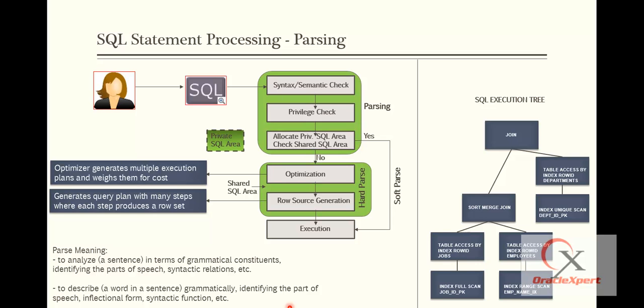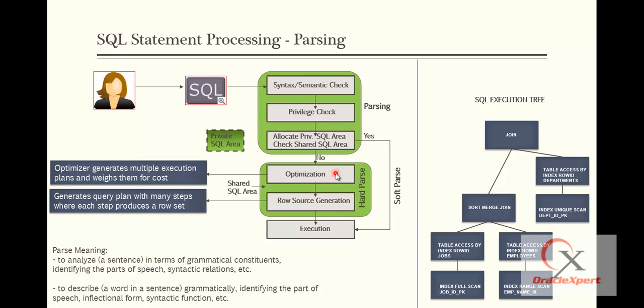So the iterative plan is a binary program that, when executed by the SQL engine, produces some result set. The execution plan takes the form of a combination of steps, typically seen as a collection of indented steps, where each step returns a row set. The next step either uses the row set, or the last step returns the rows to the application issuing the SQL statement.